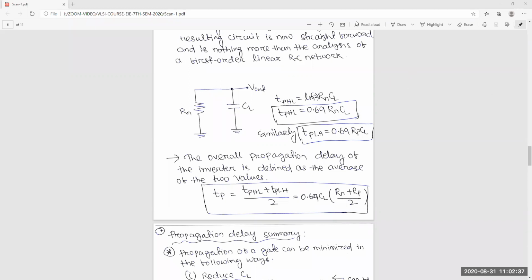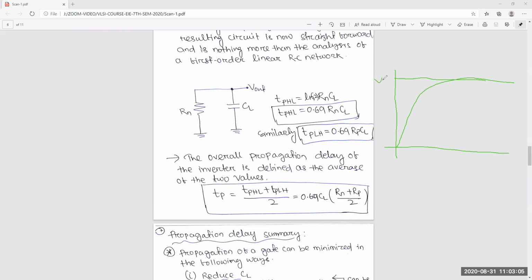So always you have to remember, most of the interviews you can get these things. Suppose anyone will ask to draw the RC charging. So suppose this will charge, this is the maximum voltage.